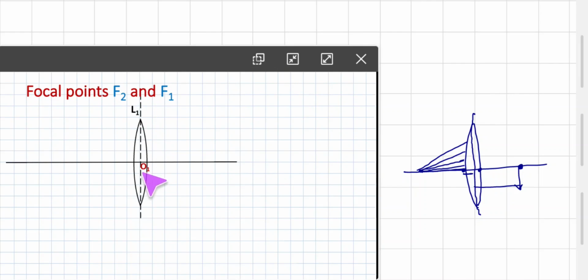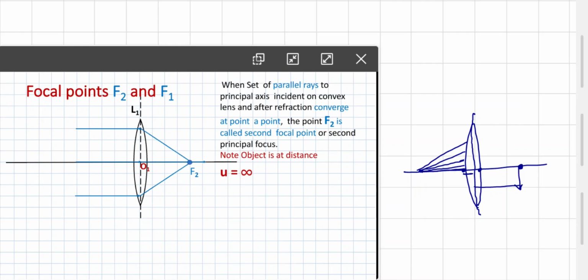See, if we consider this is a lens L1. We know what focal length is: when rays parallel to the principal axis are incident on the lens, then after refraction they meet at a particular point, and that is called the focal point. So that is F2.